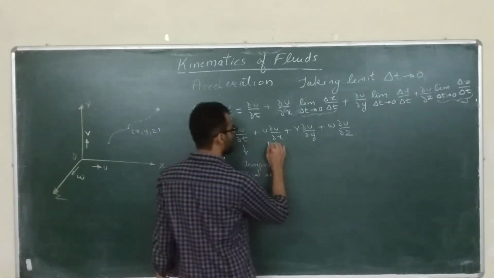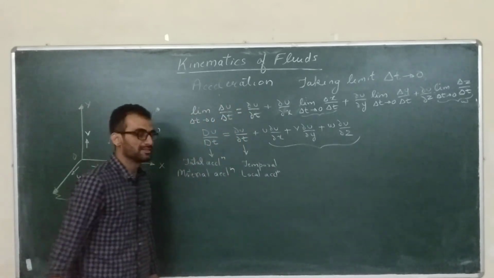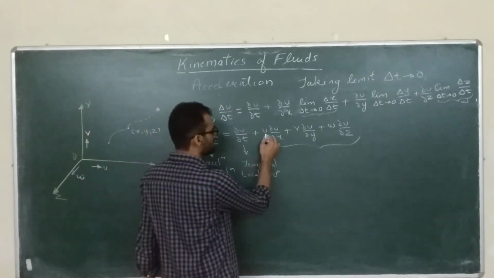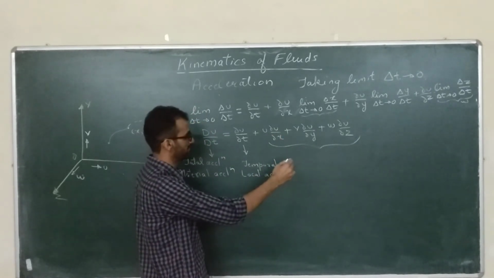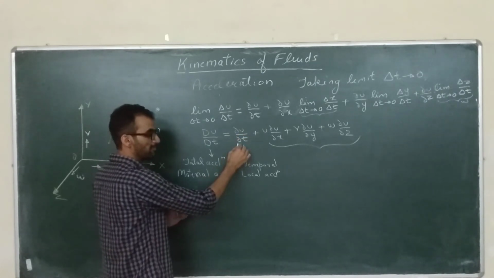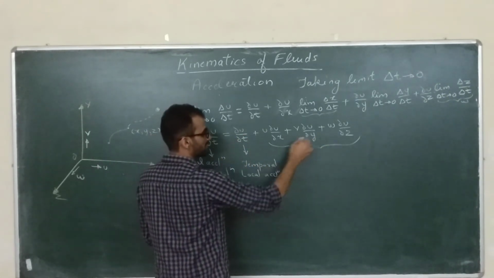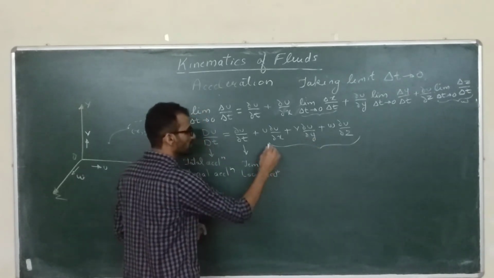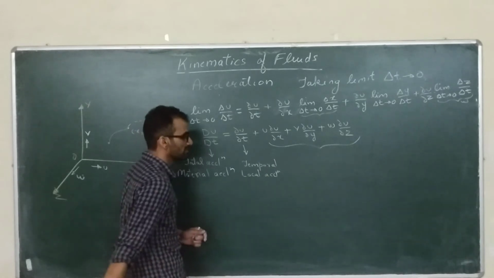And what does this mean? These terms represent the convection of flow in all three directions. Flow can change temporally at a fixed location, and it can also change with respect to space. It can be convected. So velocities may change with respect to time and also space.